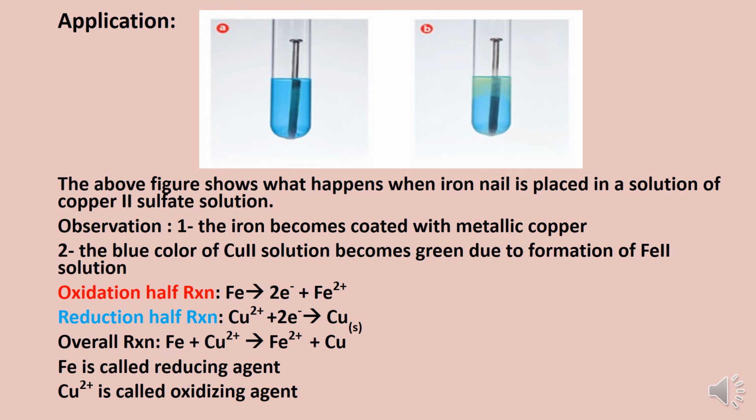So we can add the two equations and we have the overall reaction, which is Fe plus Cu2 plus gives Fe2 plus plus Cu. Now let's remember together: what do we call Fe? Fe is called the reducing agent. What about Cu2 plus? It is called the oxidizing agent.